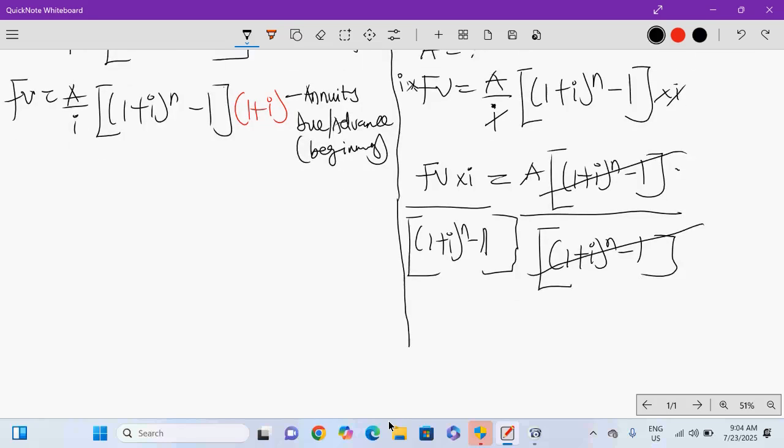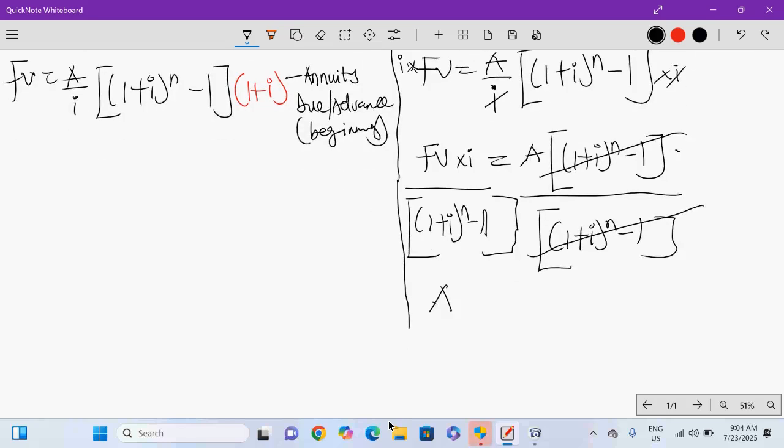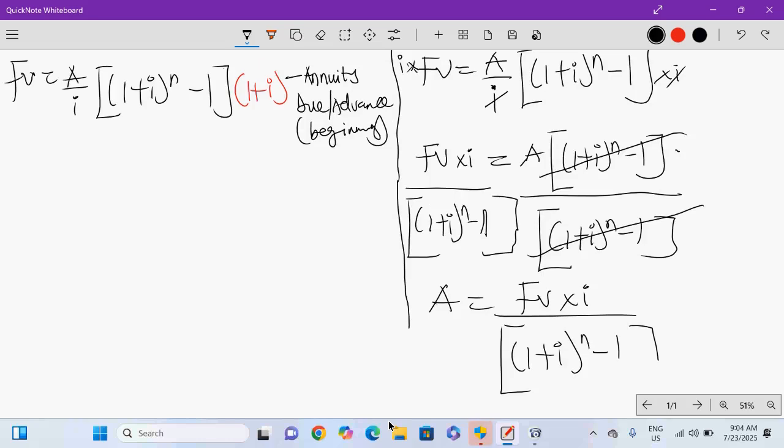So what is our A? Our A then becomes the future value times the interest, all over bracket 1 plus I exponent n minus 1. This is our A.